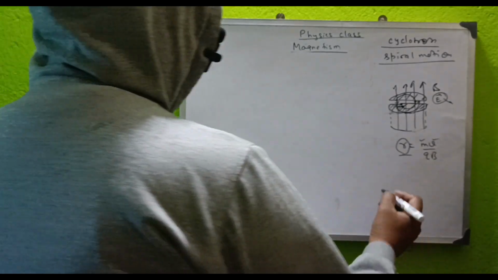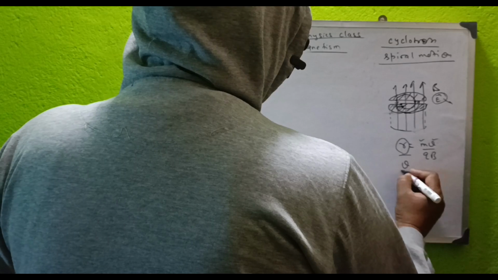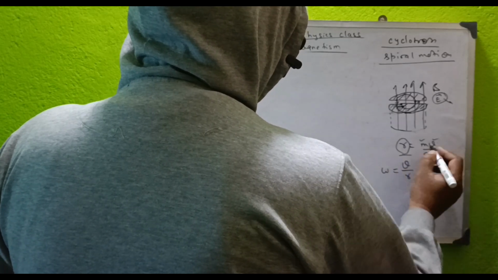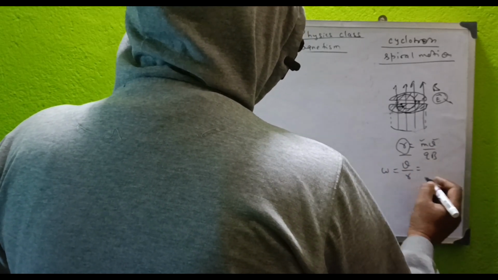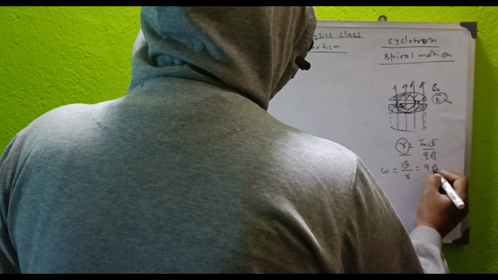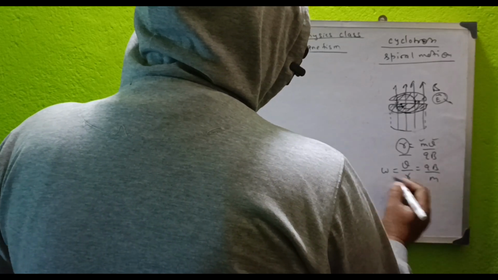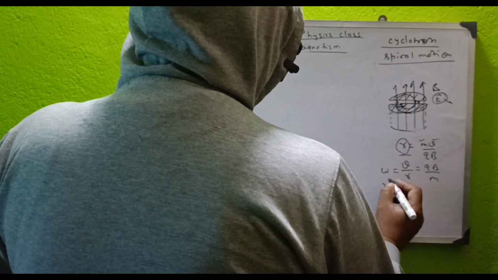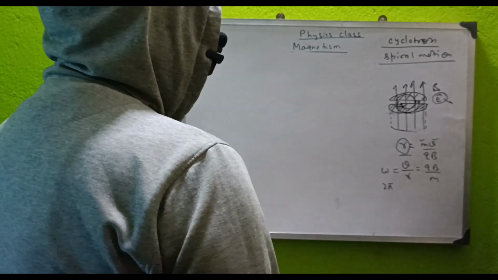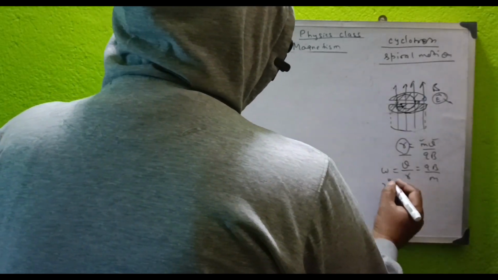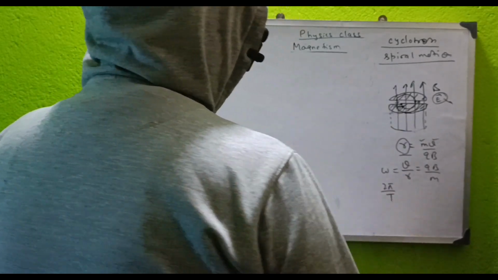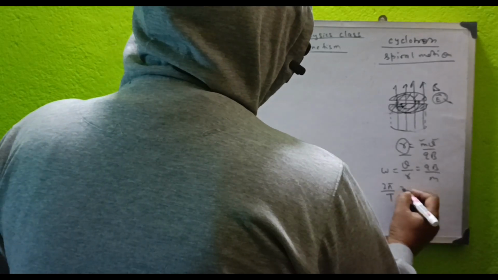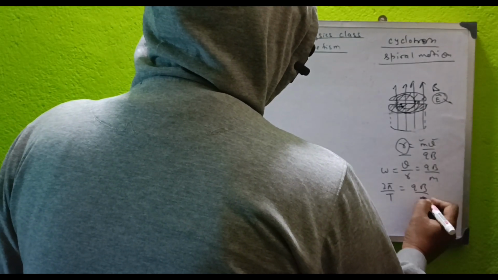Another expression that we had found from here, v by R, as we know, this is equal to omega. So v upon R is equal to qB by m. And furthermore, since this is a uniform circular motion, omega is constant, we can write 2 pi by T, where T is the time period. And this we had seen as qB by m.